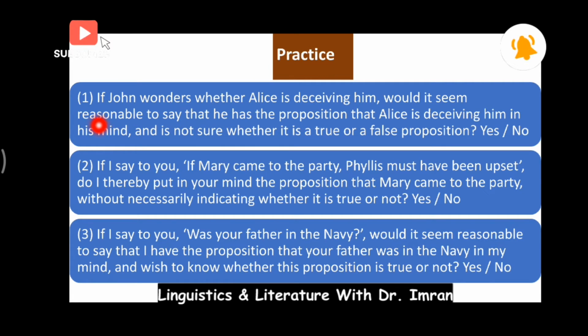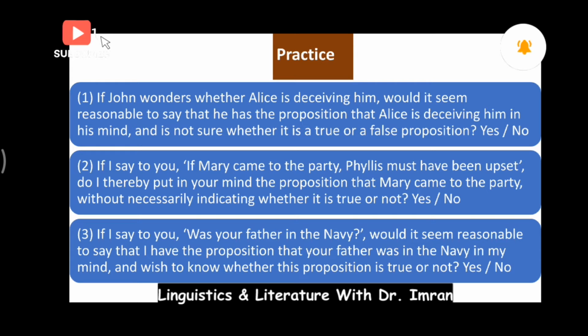Practice. If John wonders whether Alice is deceiving him, would it seem reasonable to say that he has the proposition that Alice is deceiving him in his mind and is not sure whether it is true or false? The answer is yes, because he thinks and believes that Alice is deceiving him. Regardless, it might not be that Alice is deceiving him.